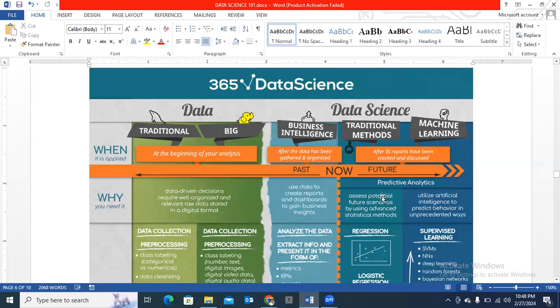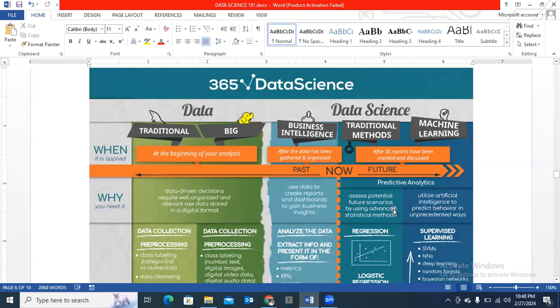Now, why do we need traditional methods or machine learning for predictive analysis? We should be able to say, okay, in the last 3 months of the year, there's usually an increase in our sales.